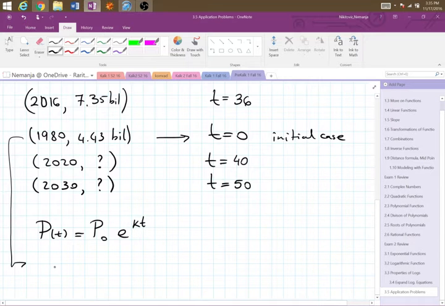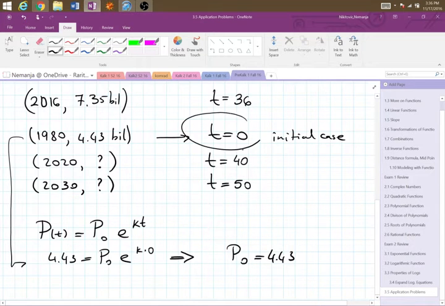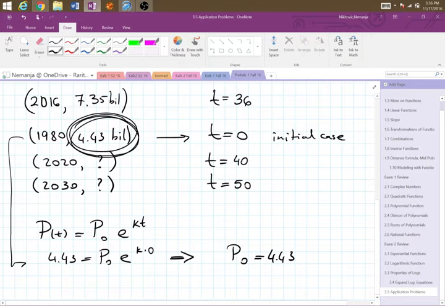So you know the population is 4.43. You don't know what P0 is, but you know it's e to the k times t, but t is 0. From here, you can immediately figure out that P0 is equal to 4.43, which is the initial population. You will know that in two different ways. First of all, any point that contains t equals 0 is the initial point. So its y value must be the P0 we need for our calculations.